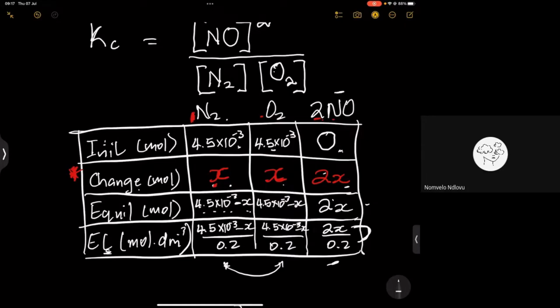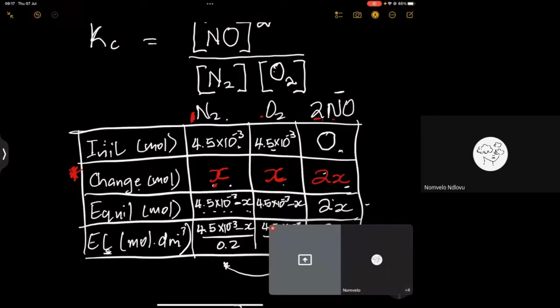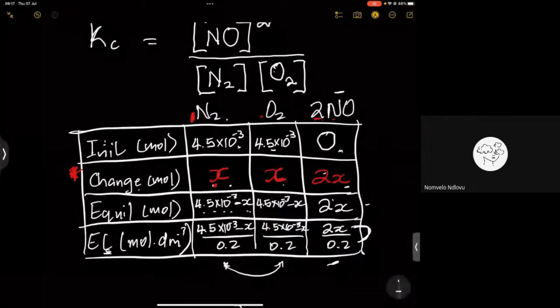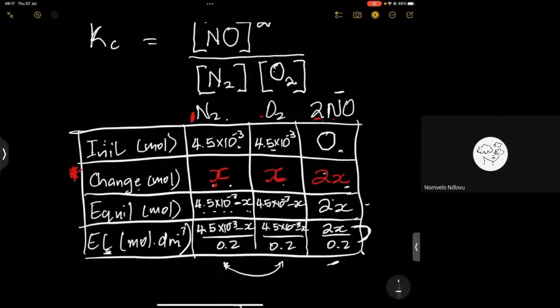For example, I wanted to get the equilibrium, and I have the initial and the change. Do I add those two to get the equilibrium? No, you actually subtract. Why? That's what I don't understand.